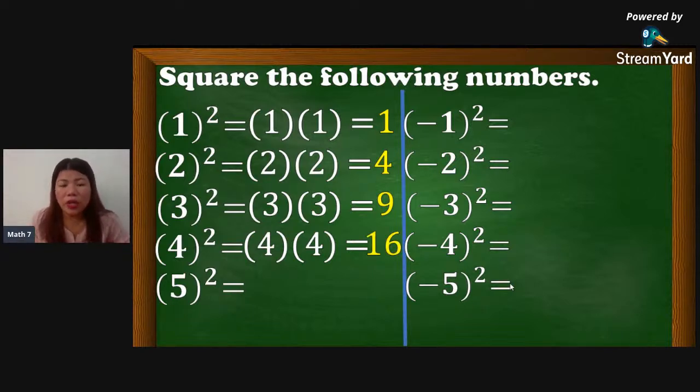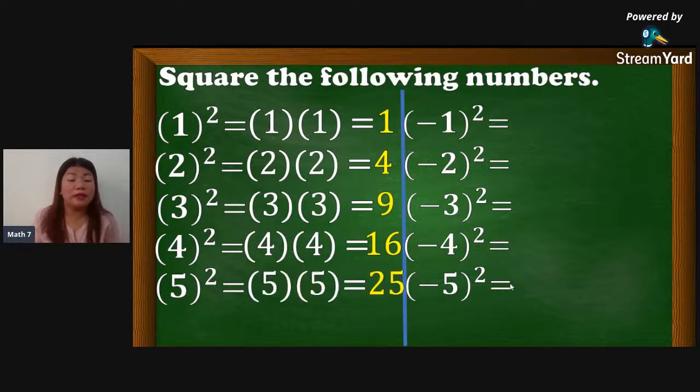Next, we have 5 squared. Which is correct, 5 times 2 or 5 times 5? Okay, 5 times 5. So the answer here is 25.